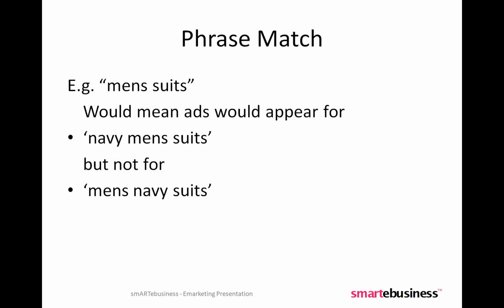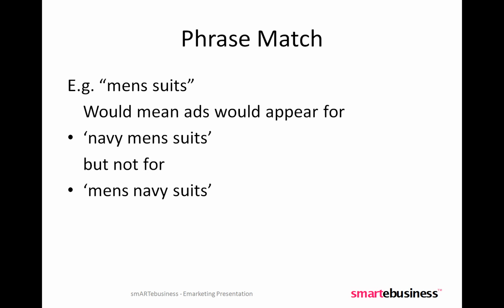Now, phrase matching is used when you've got a phrase that you want to come up, but you don't want other words inserted inside it. So for example, if you use men's suits with the inverted commas around it, that would be a phrase match. That means your AdWords adverts would appear for navy men's suits, but not for men's navy suits.